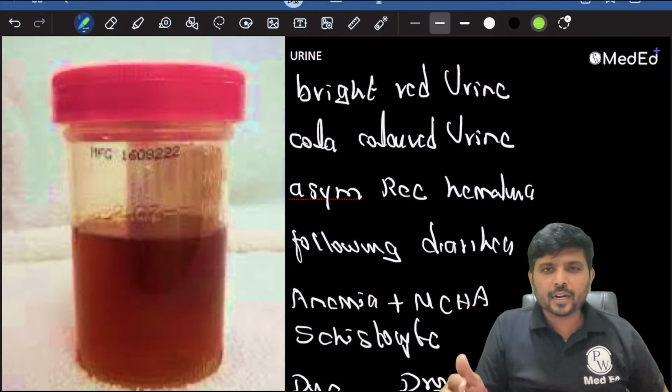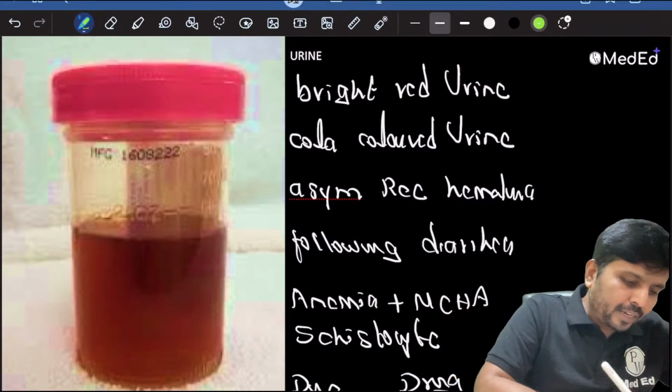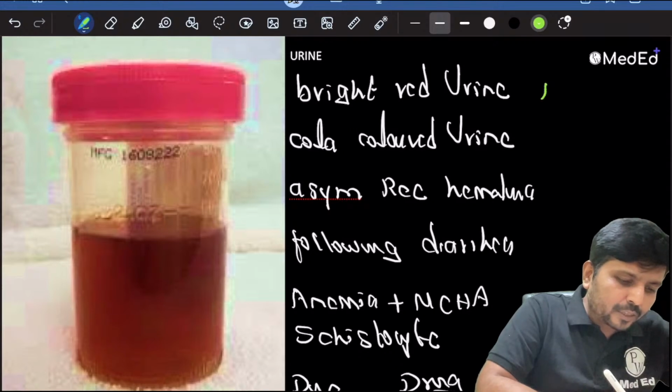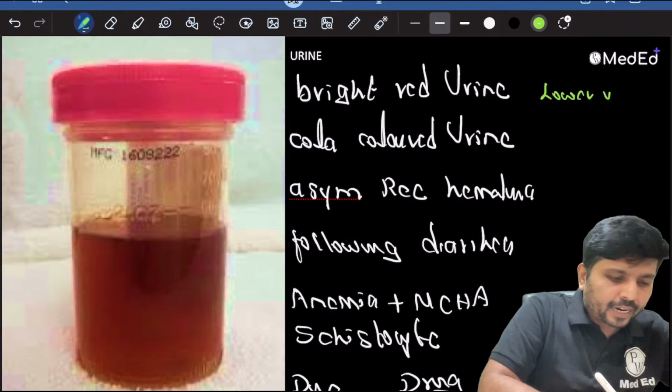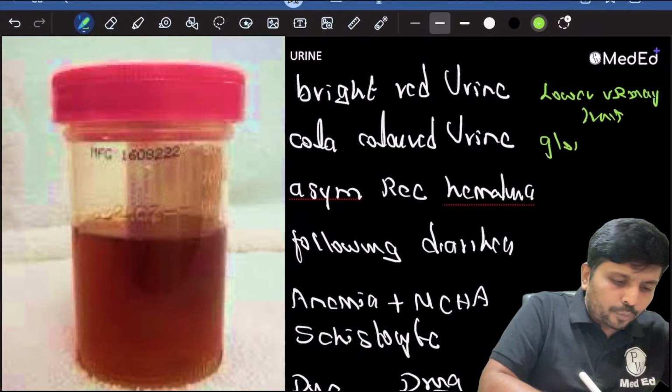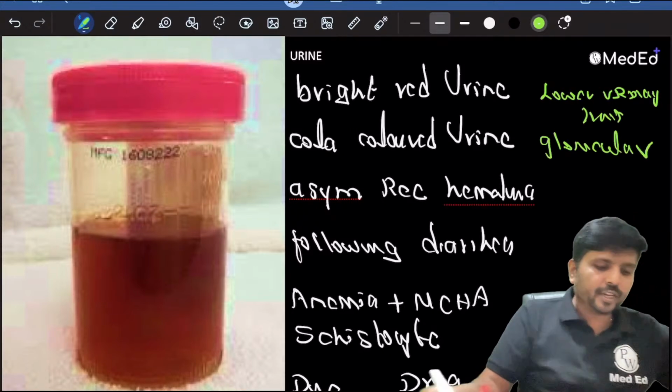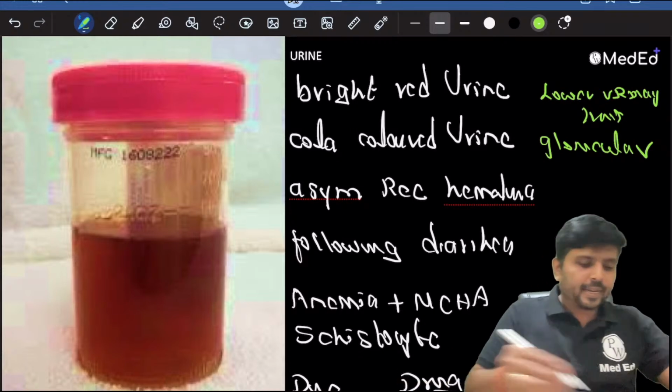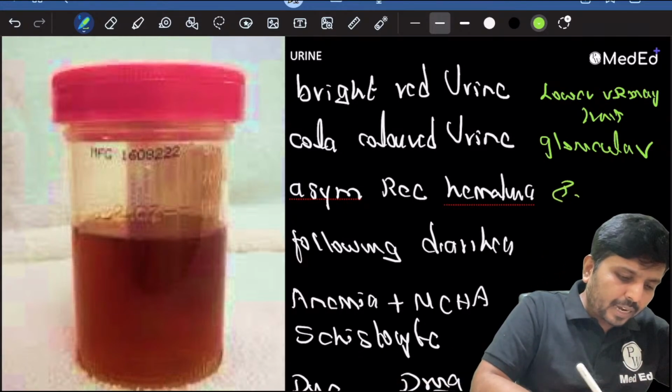Finally, urine color. Bright red urine means lower urinary tract bleeding, from the pelvis. Cola colored urine means glomerular hematuria. Asymptomatic recurrent hematuria occurs in IgA nephropathy or thin basement membrane disease.